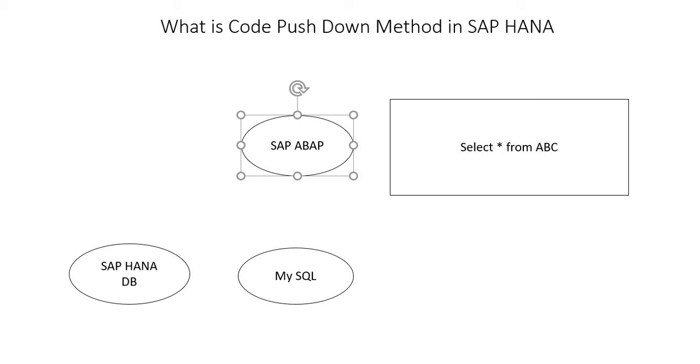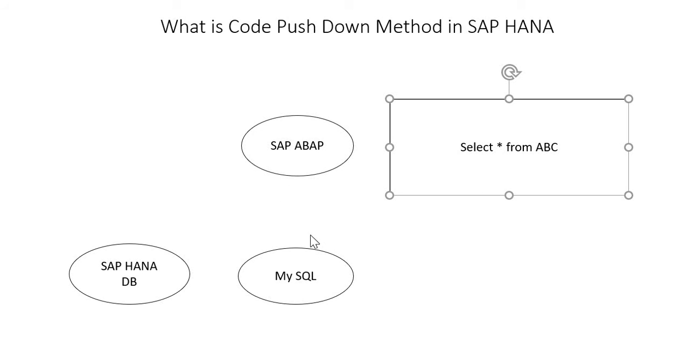And in that case, since your database is different, if I talk about HANA, then it will be faster. Okay, let's leave that. Now we will talk about MySQL. Your processing will be slow because you are reading data which is not in memory.